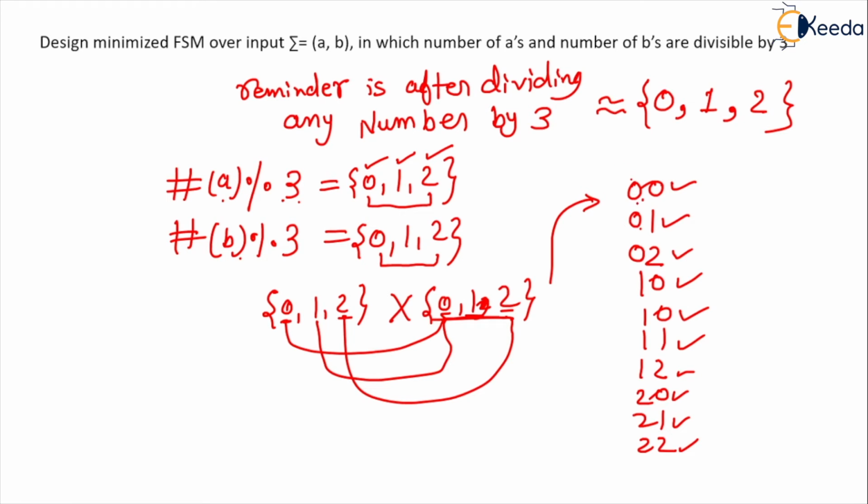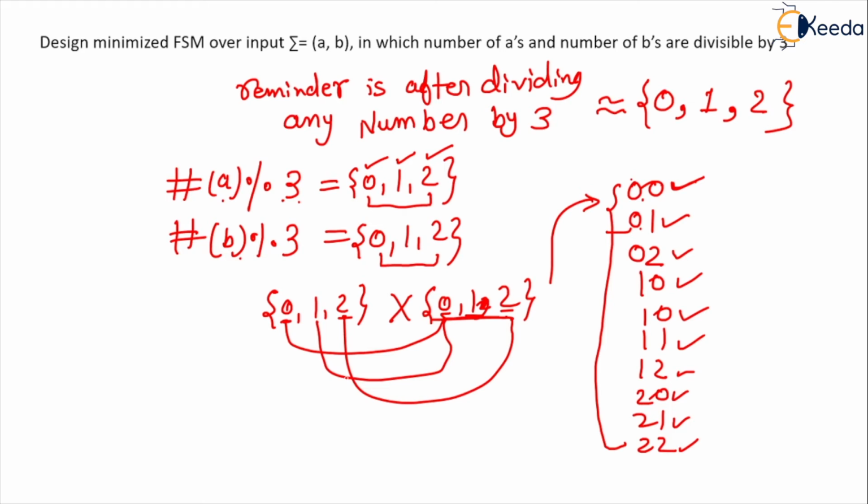So when the number of A's and the number of B's are both divisible by 3, the state is 0,0. When the number of A's is divisible by 3, meaning the remainder is 0, but the count of B's has remainder 1, then the state is 0,1. So the total number of states in our finite state machine is 9. There are 9 states. Got it?